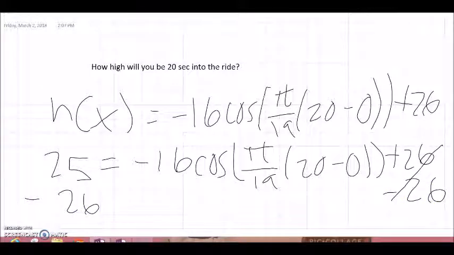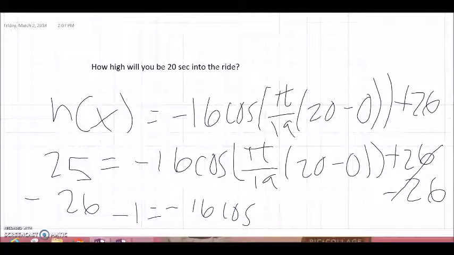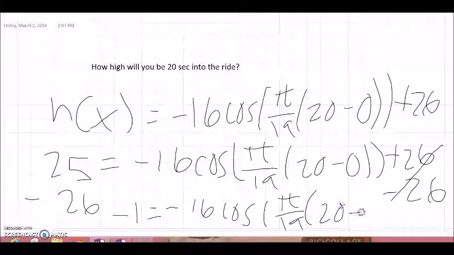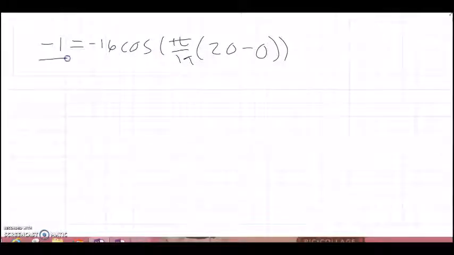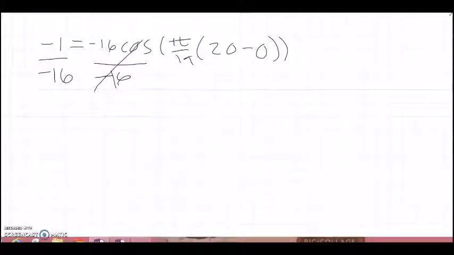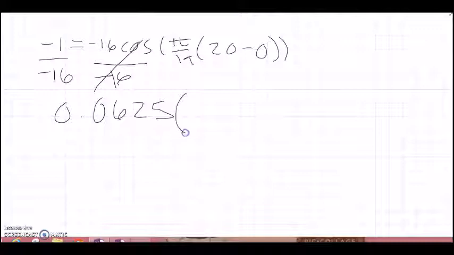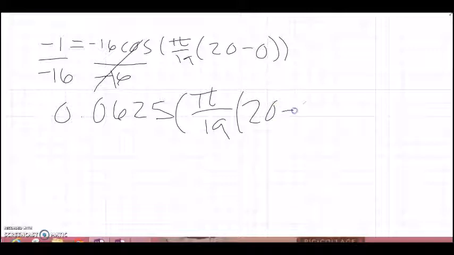This cancels out. This is negative 1 equals negative 16 cosine pi over 19 20 minus 0. Now we divide by negative 16, and this cancels. So we get 0.0625 pi over 19 20 minus 0.